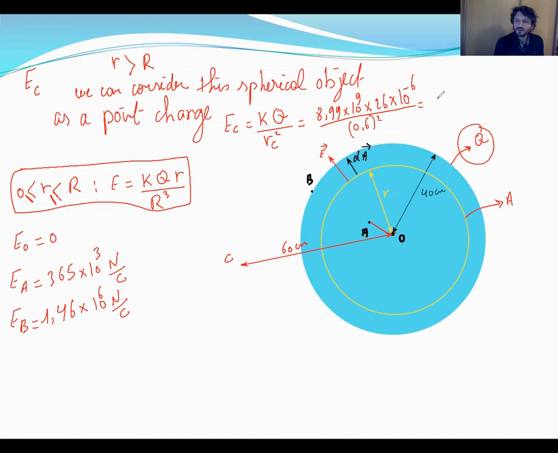The answer will be 649 times 10 power 3 Newton per Coulomb. Excellent. Here we can add EC equals 649 times 10 power 3 Newton per Coulomb.